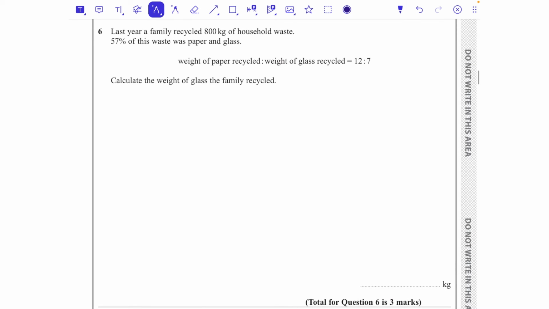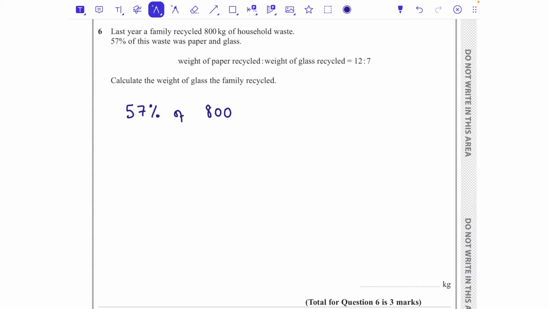Question number 6. Last year, a family recycled 800 kilograms of household waste. 57% of this waste was paper and glass. The weight of paper to the weight of glass was in the ratio 12:7. Calculate the weight of glass the family recycled. So first thing we want to do is work out 57% of 800.